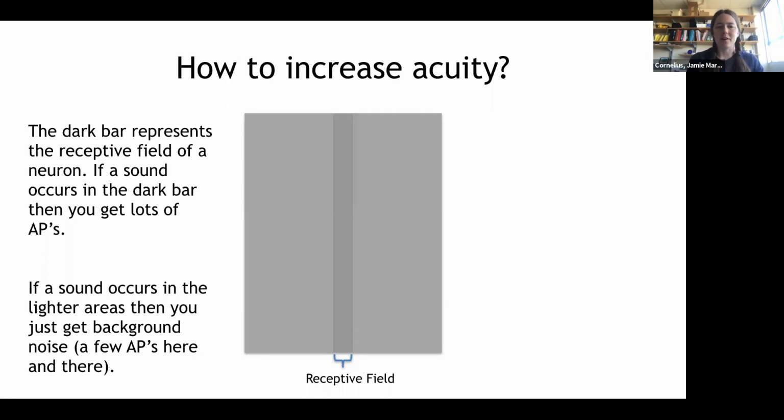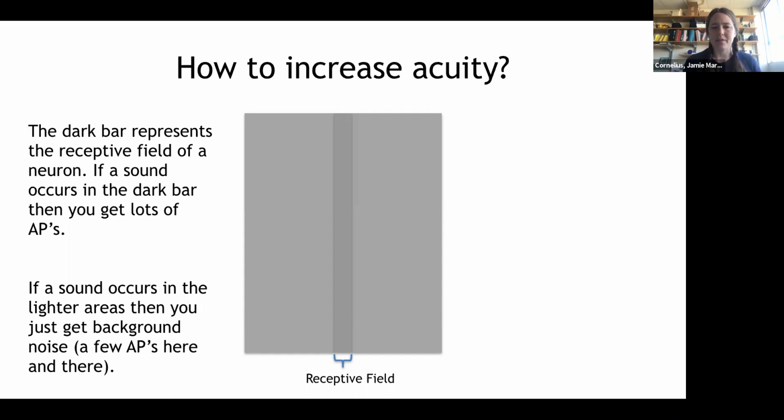If the dark bar there represented a receptive field of a neuron, it could be visual, or it could be an area in space where if you played a sound, then you would get a lot of action potentials. And that's surrounded by an area of sensory space that does not fire a lot of action potentials. You just get background noise, so a few action potentials here and there.